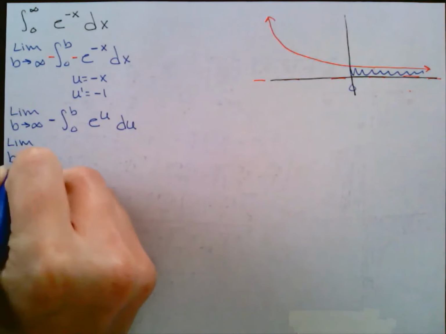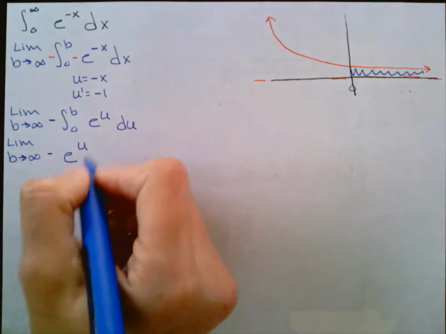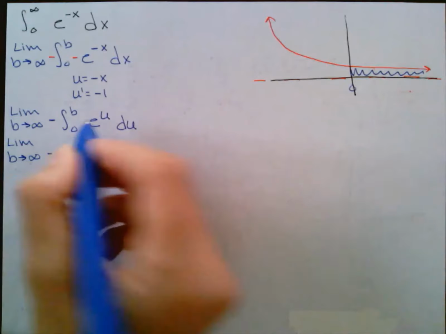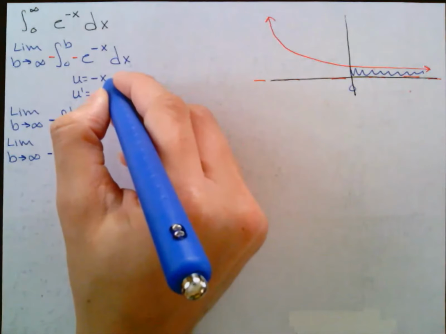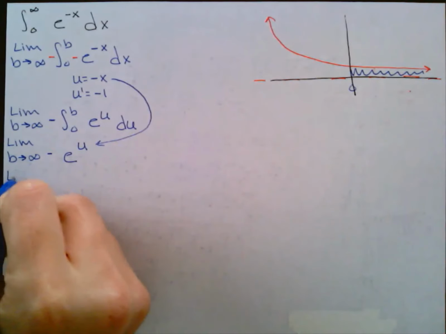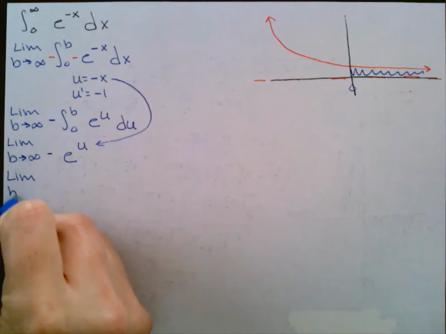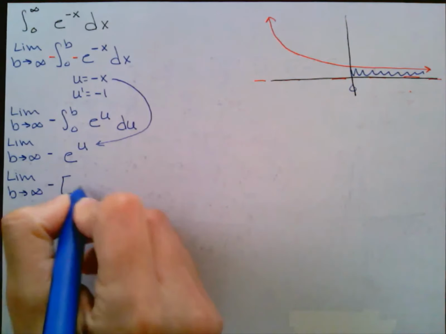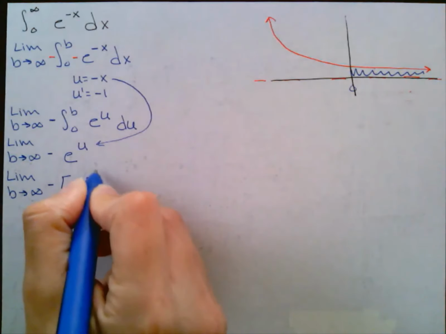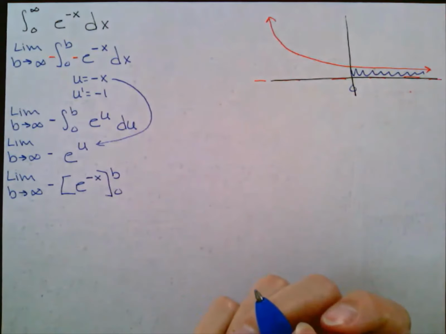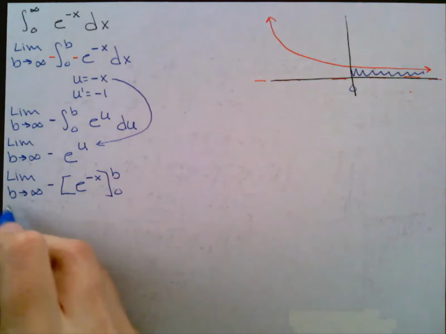The antiderivative of e to the u is e to the u, but I need to put that u back in, okay? So if this is my u, this needs to go back in here. So I'm really writing the limit as b approaches infinity for negative, and I'm going to put e raised to negative x, and now I'll put my limit from 0 to b. Okay? Next step.